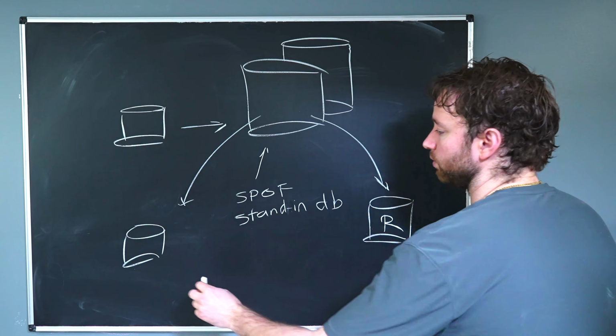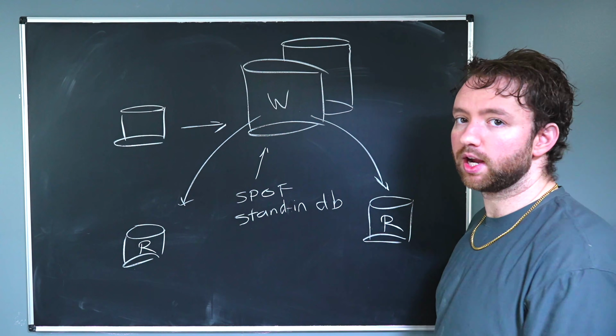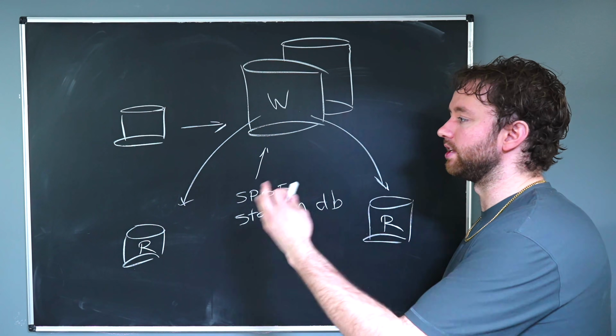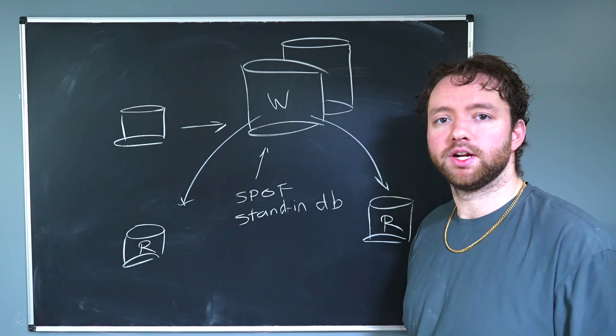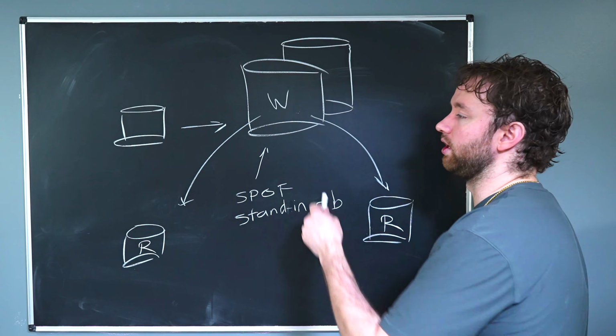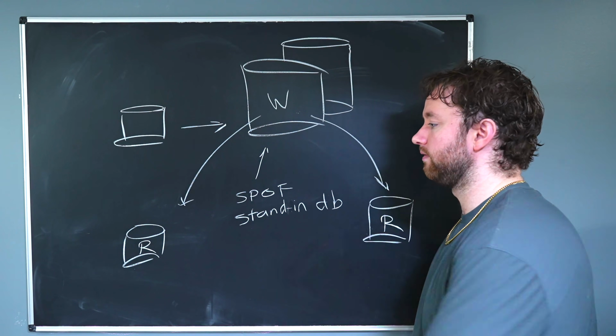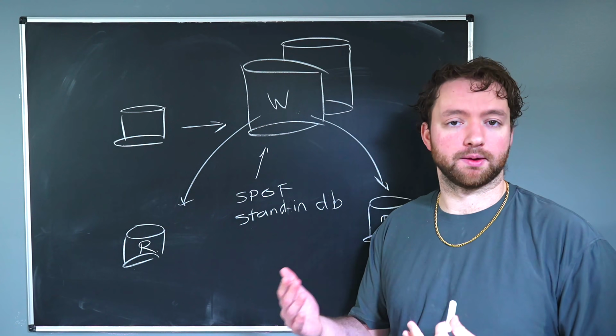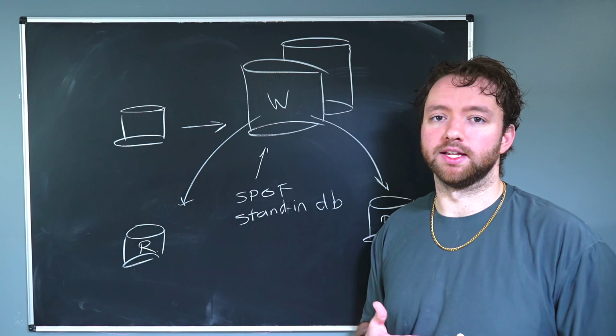So these would be used for reading, and then this main one would be used for writing. I think we talked about this some in the scalability video, but just for comprehensive sake, we'll go over here again. In this scenario, we can now scale the write node independent from the read nodes, so you can adjust based on the application and what needs it has.